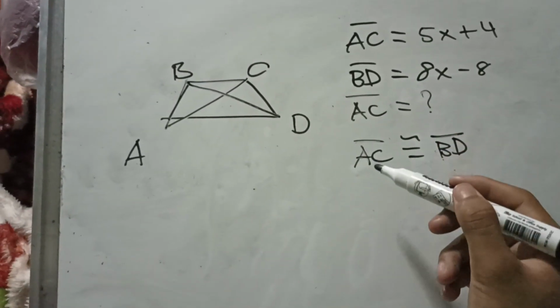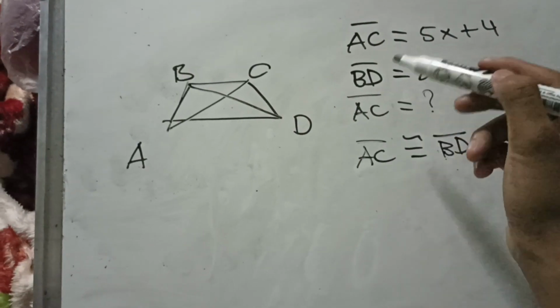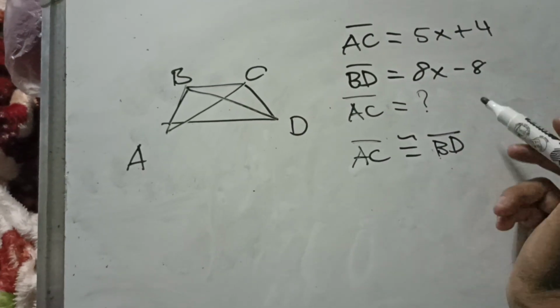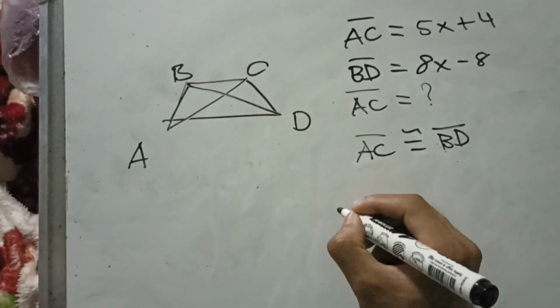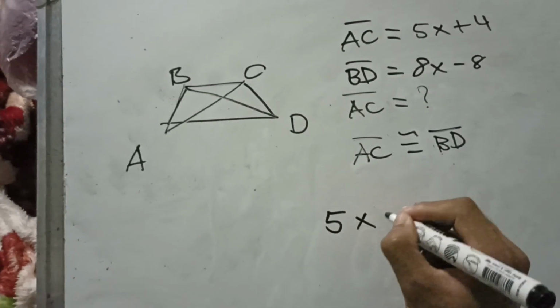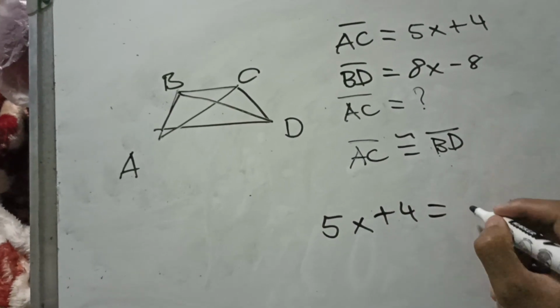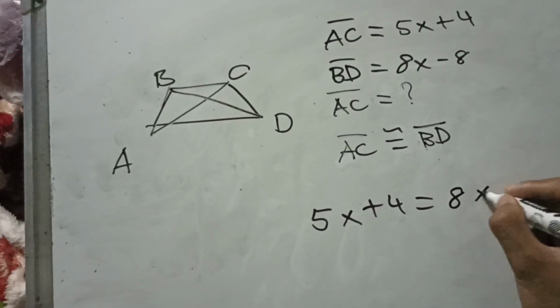So if we substitute line AC to its value and line BD to its value in the given, we will have 5x plus 4 is equal to 8x minus 8.